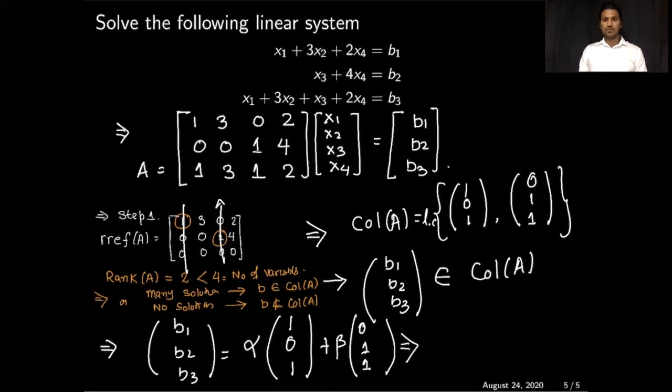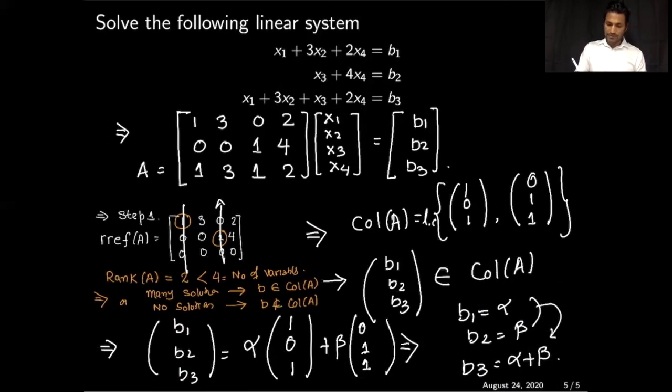So if b can be written as a linear combination of these two vectors, it means b is in the column space of the matrix A. If I solve this, I get b1 equals alpha, b2 equals beta, and b3 equals alpha plus beta. If I plug the values of alpha and beta into the last equation, I will get the condition: b3 must be equal to b1 plus b2.